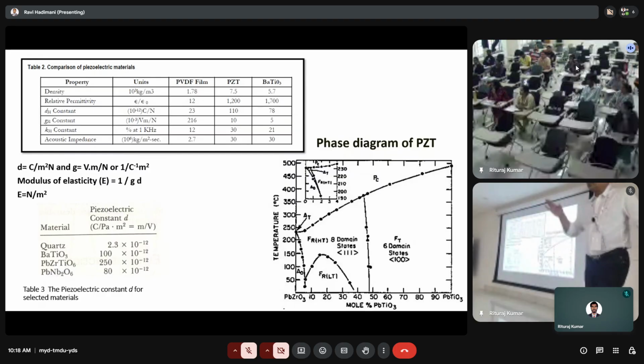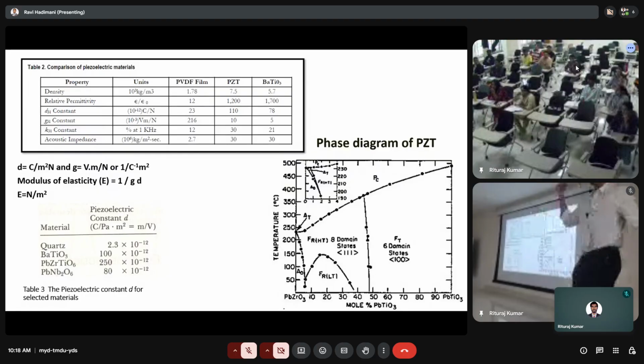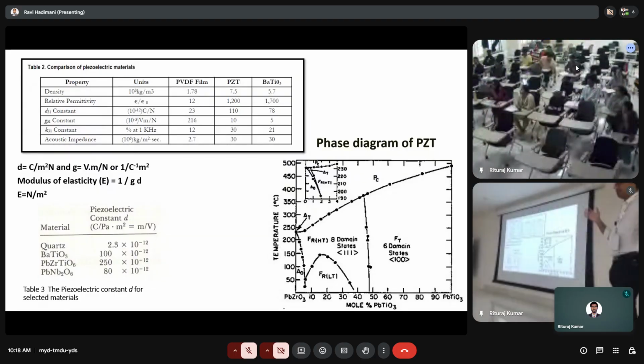You can use them as pressure sensors or movement sensors. That's one application. What else? So that means you can generate voltage when there is motion, right? Okay, so that's really interesting.